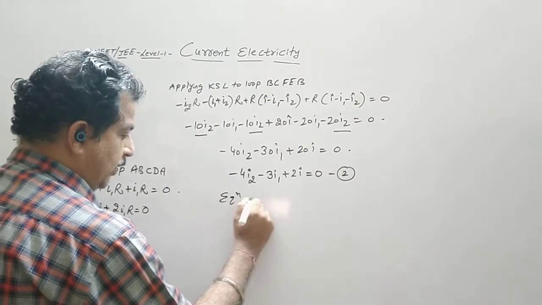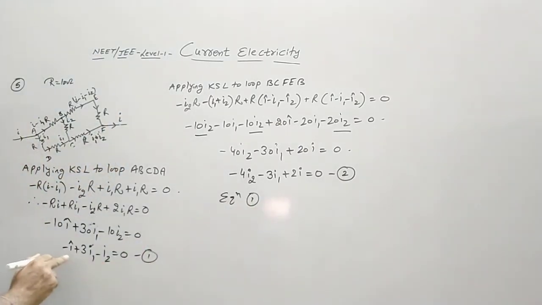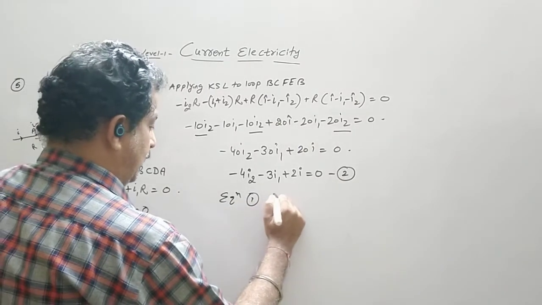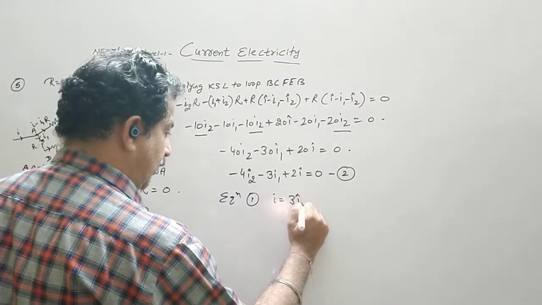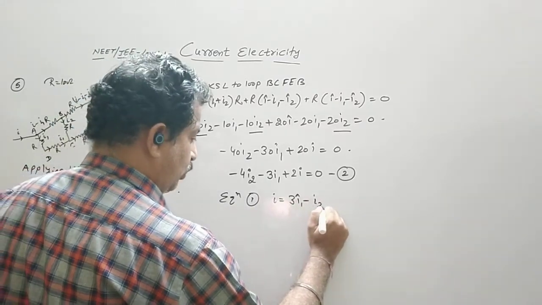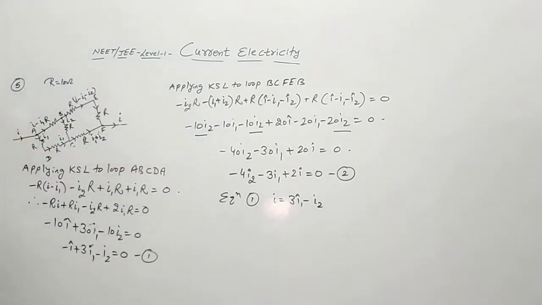So equation 1 can be written taking I as the subject: I is equal to 3I1 minus I2. That is equation number 1.